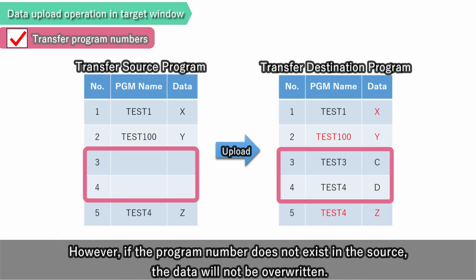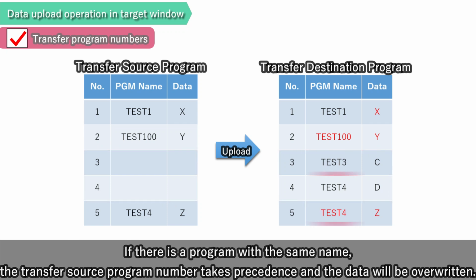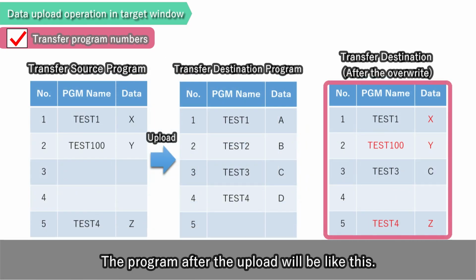However, if the program number does not exist in the source, the data will not be overwritten. If there is a program with the same name, the transfer source program number takes precedence and the data will be overwritten. The program after the upload will be like this.